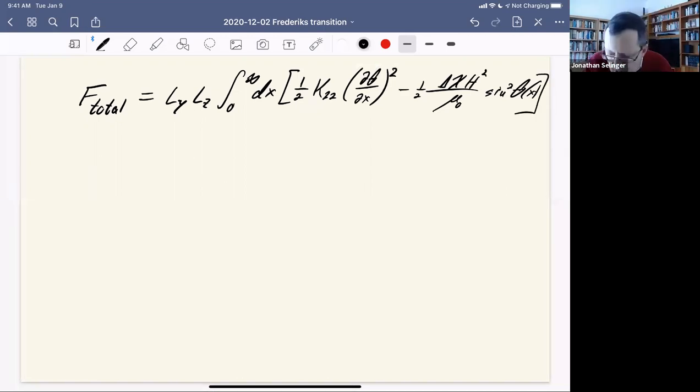Okay, so this is an integral for the free energy.